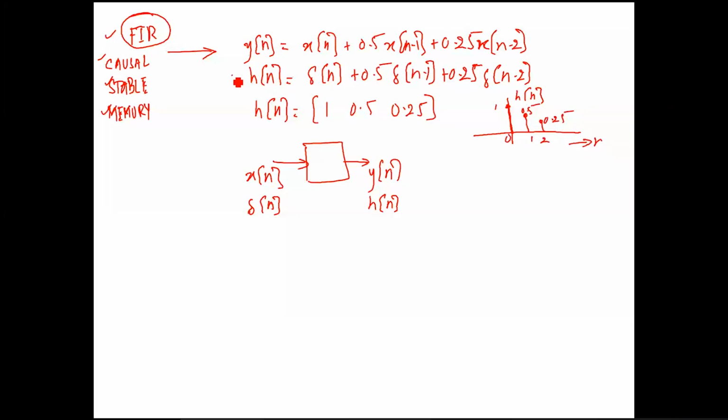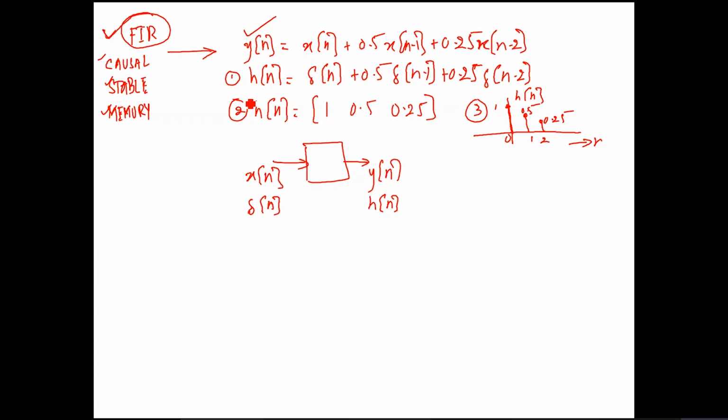So there are three different ways in which you can represent this. There is a direct relationship between the difference equation and impulse response. Both of them are one and the same thing, and there is a direct mapping. We can directly find out h of n from y of n, especially if you have an FIR.